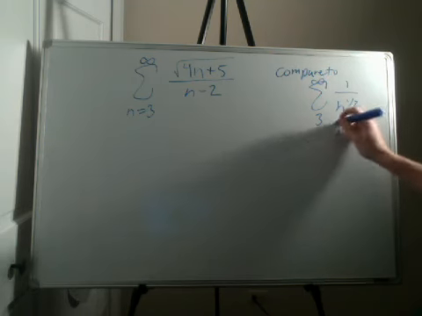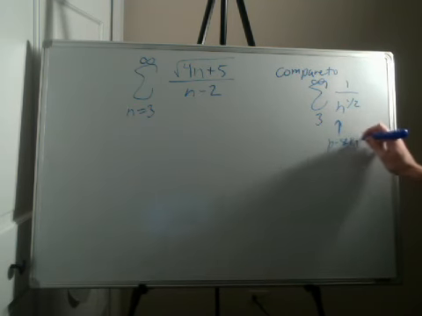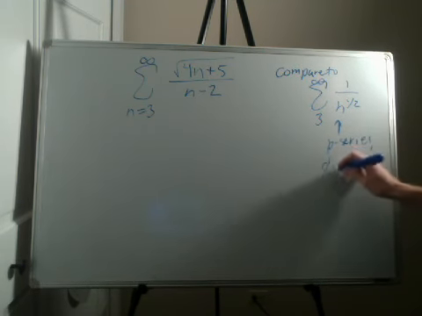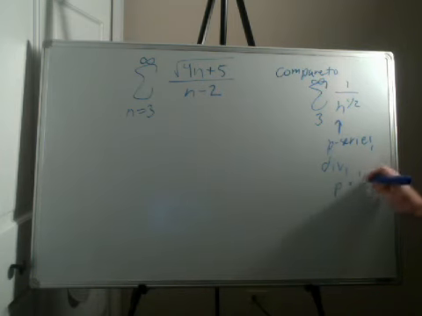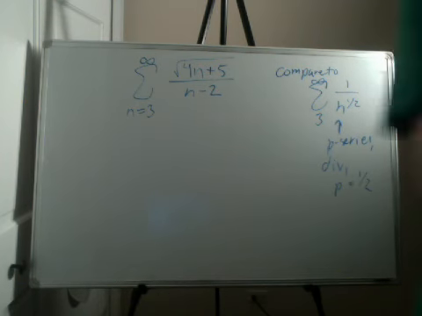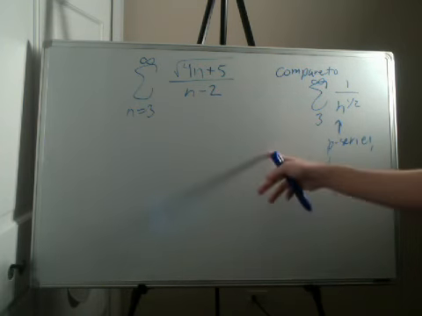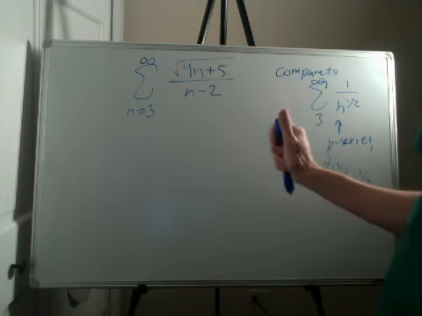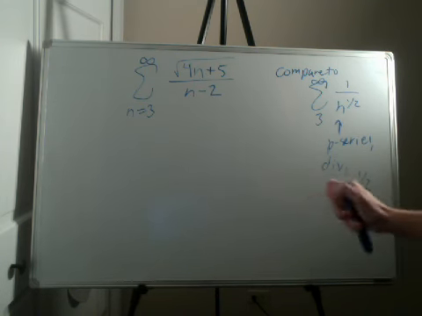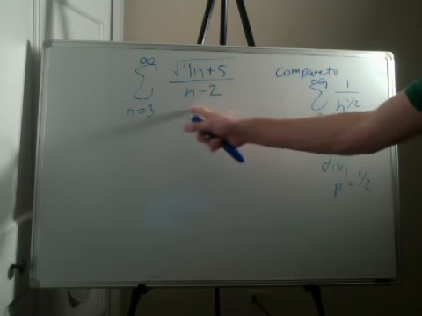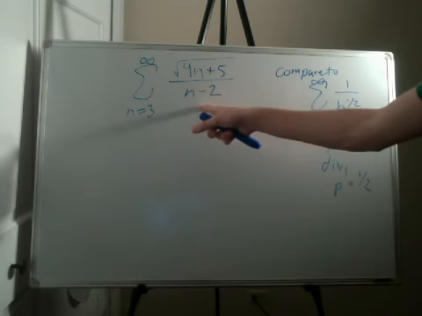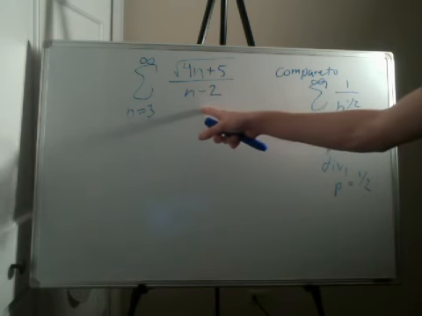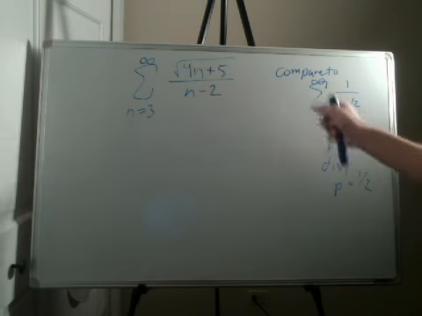As we know, this is a p-series. Diverges, p equals 1/2. Now, because we know this diverges, let's look back here. If we put these two next to each other, well, this one has a bigger denominator, so this one's going to get to there faster, and therefore this one's bigger than that one.